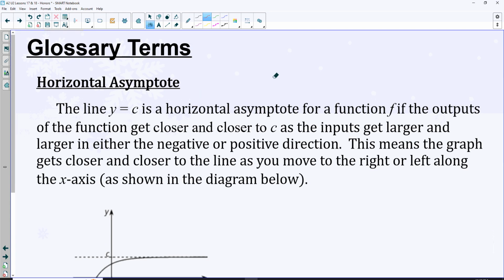Oh, here's your glossary, right? The line y equals c, this is similar to the vertical asymptote definition. The line y equals c is a horizontal asymptote if the outputs get closer and closer to c as the inputs get larger and larger in either the positive or negative direction.